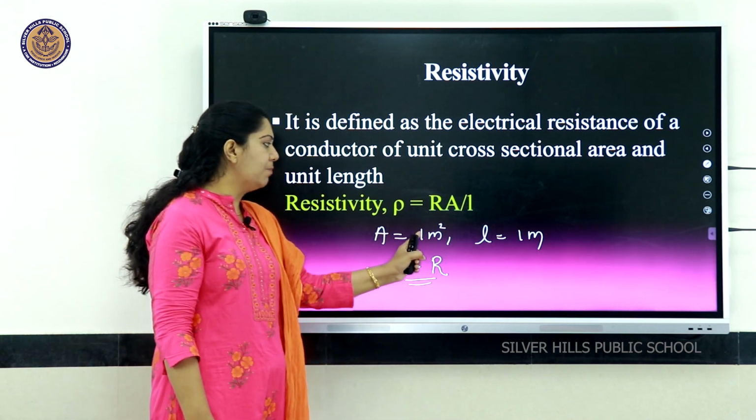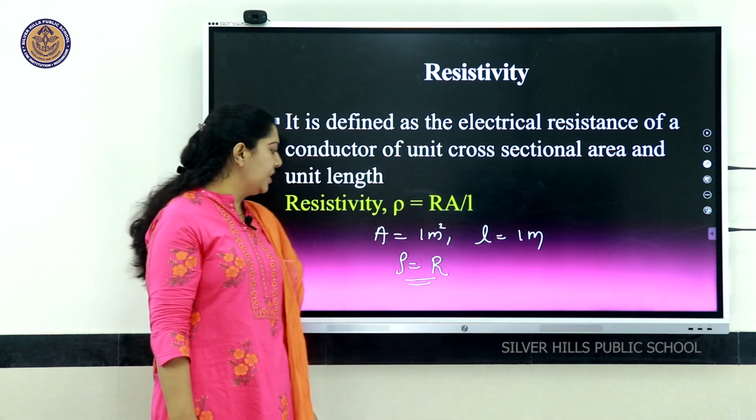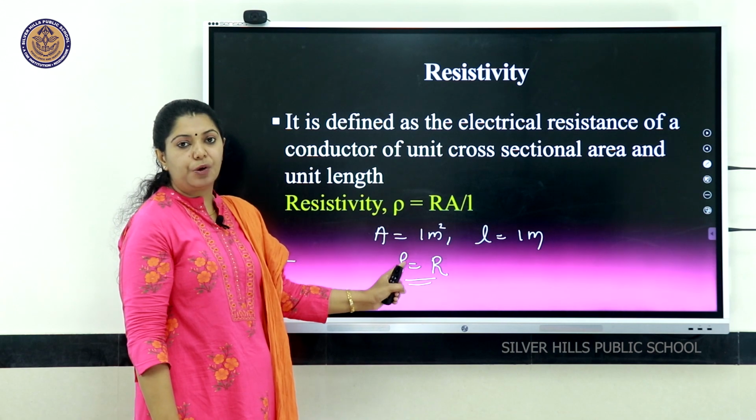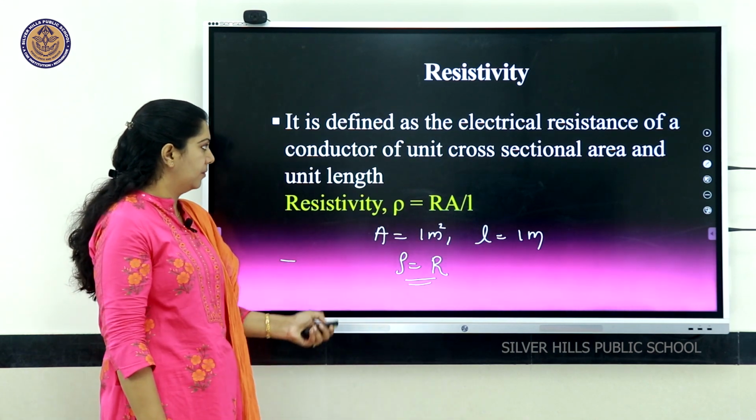If area is 1 meter square and length is 1 meter, then resistivity rho is equal to resistance R.